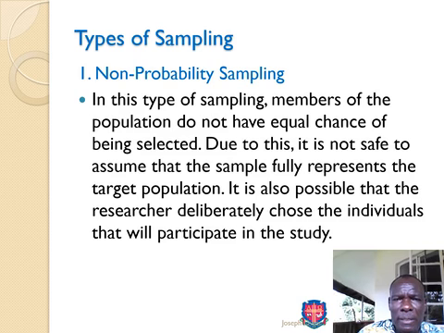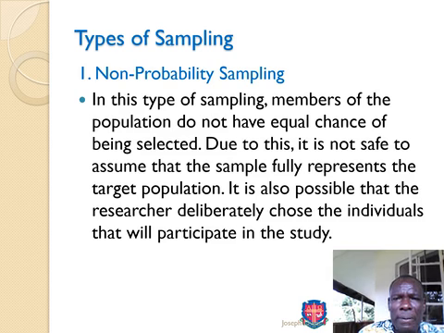the non-probability sampling techniques. In this type of sampling, members of the population do not have an equal chance of being selected. Due to this, it is not safe to assume that the sample fully represents the target population.